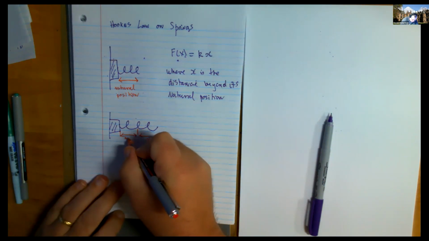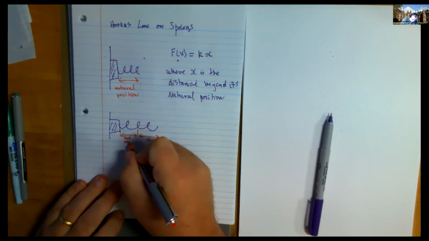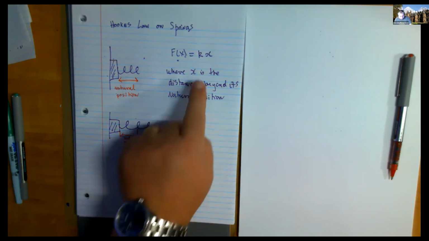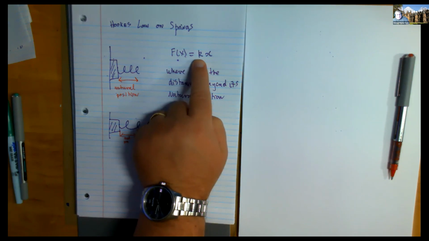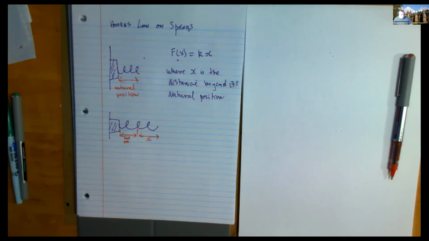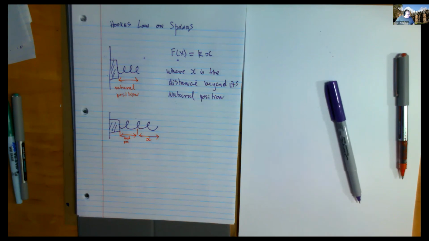So this here is its natural position, and he discovered that the force was equal to kx. This k is a constant, a fixed number. And once we know what that fixed number is, we can then calculate the work that would be required in stretching a spring any reasonable distance from its natural position.